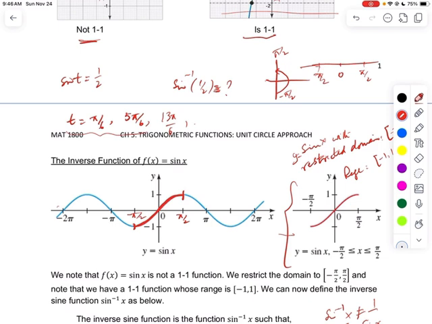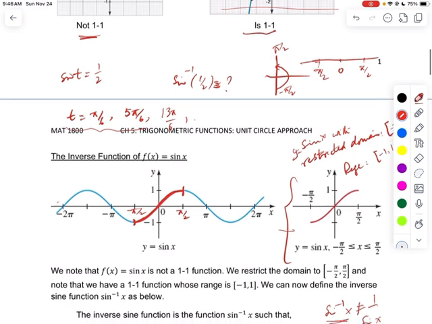And so we know that if sine of t is equal to 1/2, t will be equal to π/6, but also it will be 5π/6, but also it will be 13π/6, and so on. There will be infinitely many values actually.